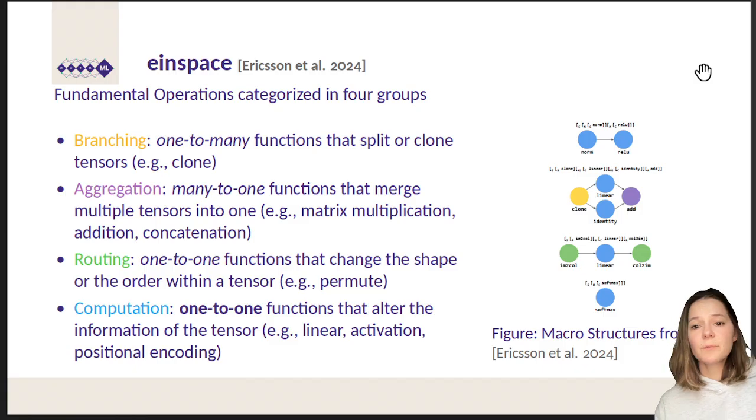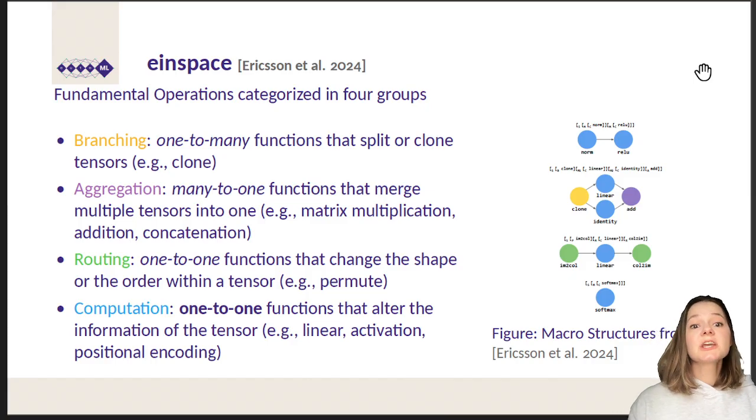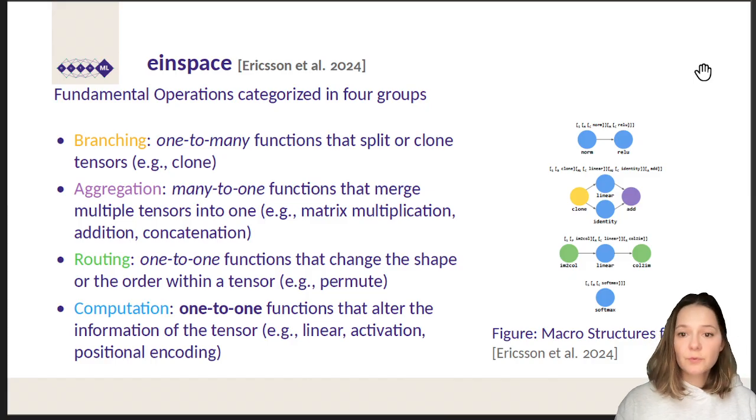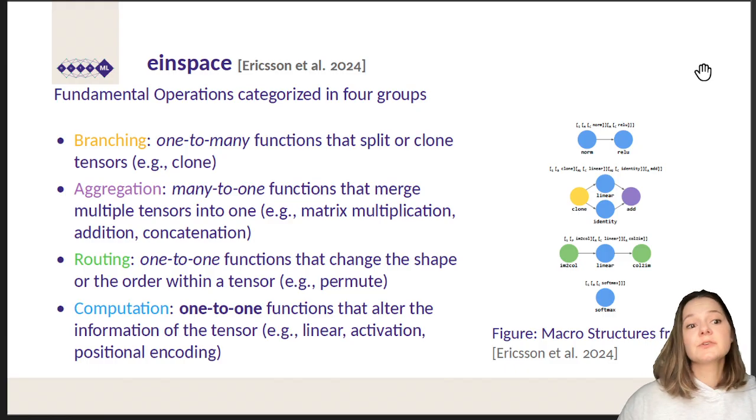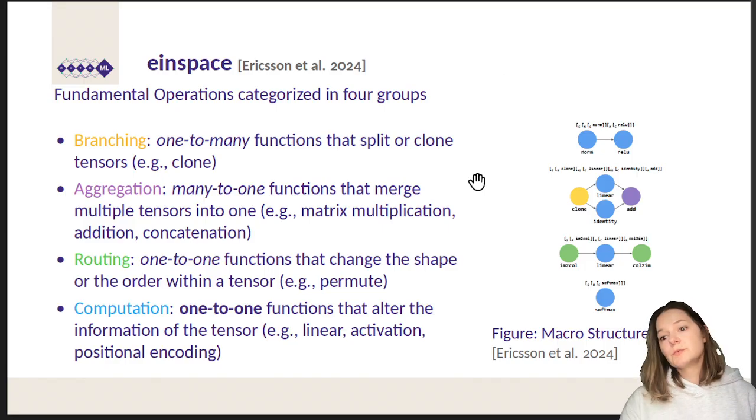The third fundamental operation is a routing operation, which is a one-to-one function that just changes the shape or the order within the tensor without actually altering its information. This could be axis permutations as well as functions like reshape operations, and these are visualized by the color green.